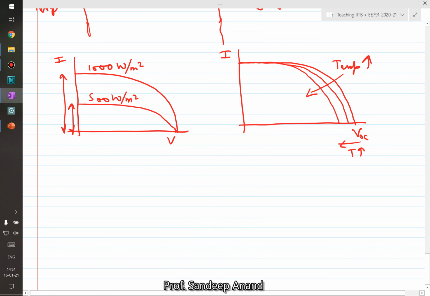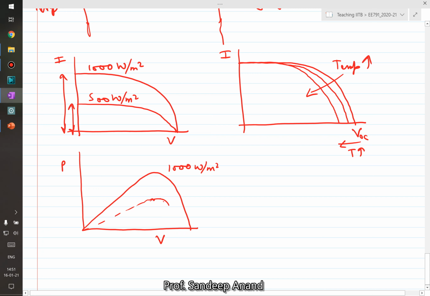You can also plot P versus V graphs for both of these scenarios. In P versus V, if this is how it looks for 1000 watt per meter square, then roughly the power will become half at the maximum point, almost half of what you are getting here. This 1000 watt per meter square is the solar radiation.